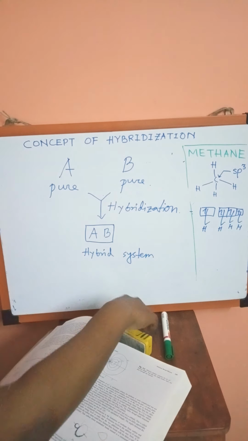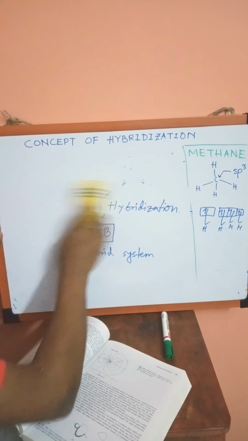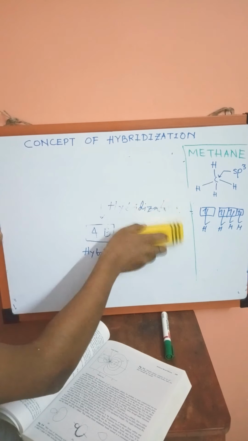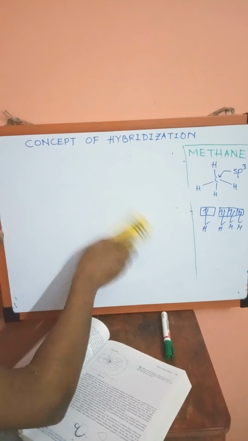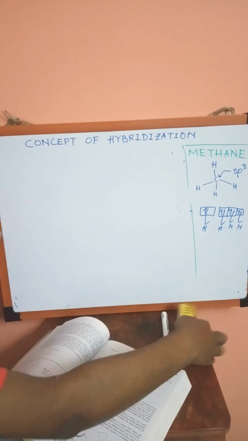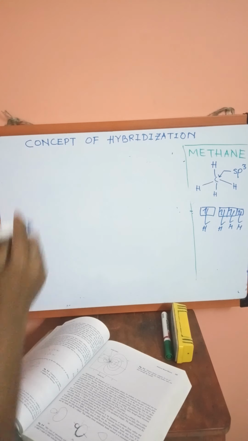Remember, we had talked about carbon atom, and we have made a promotion of electrons from carbon ground state to the carbon excited state. What was there?